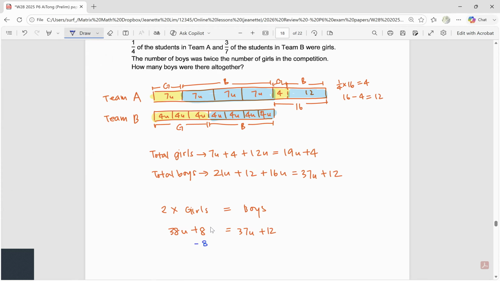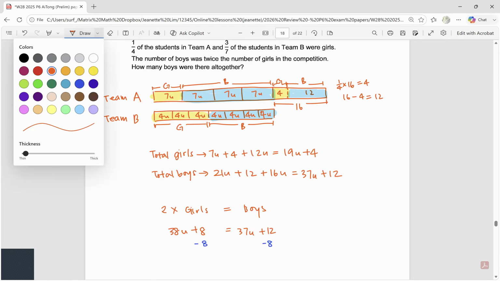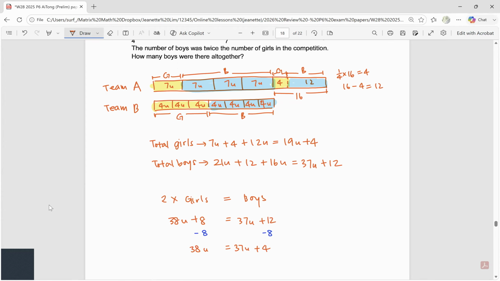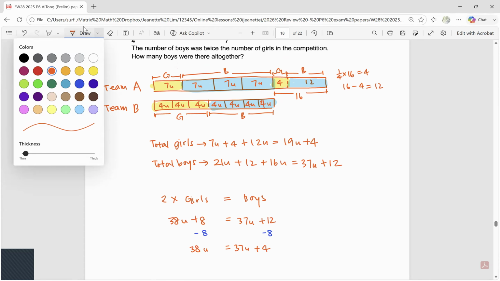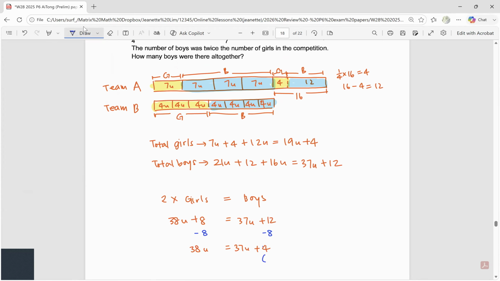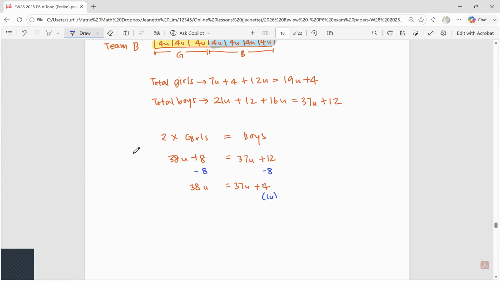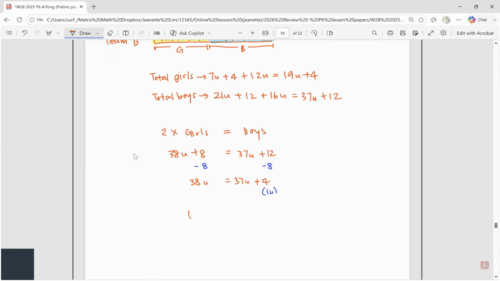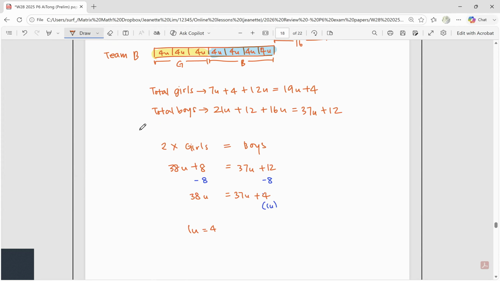Then both sides, minus 8, minus 8. So 38 units equals 37 units plus 4, which means that the 4 is 1 unit. So 1 unit is 4.